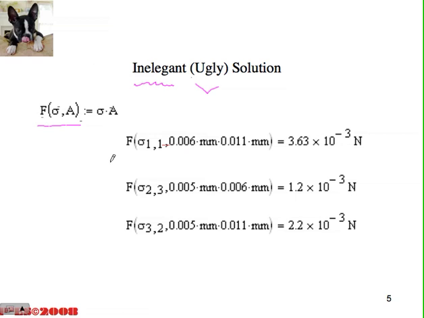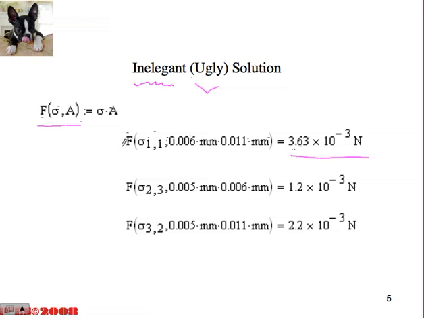A little bit simple. So if I take F of sigma 1 comma 1, remember all that other prior work in slide 4 is above this, sigma 1 comma 1, that pulls out that stress and sticks it right here. Then I put in the area of that face, the one face. Okay, and this is the result, I get my force in newtons.